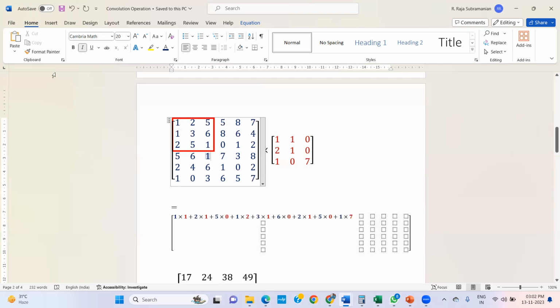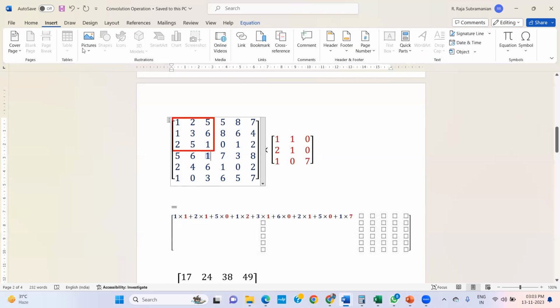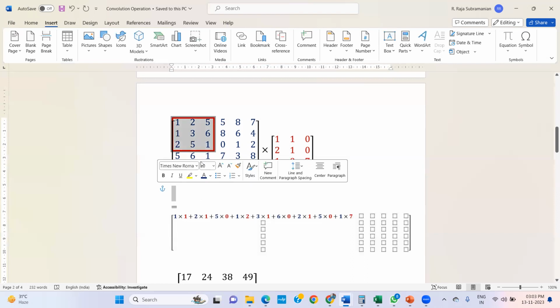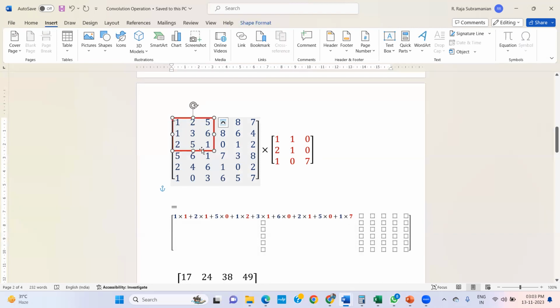So when you take the input image as this, and if you want to proceed to the next image, then what you actually go for is to enter into the stride. So when I take the stride value for the next component, my stride value is 1. So it means that I have to move this box one step ahead.